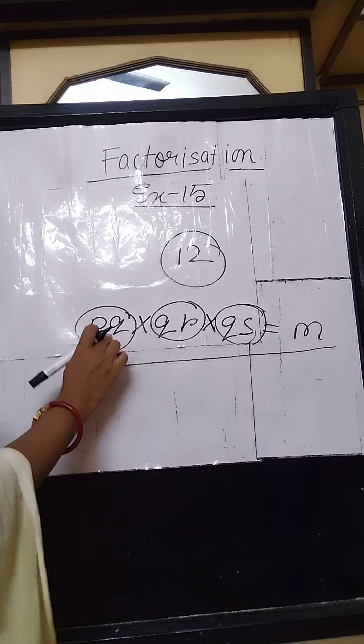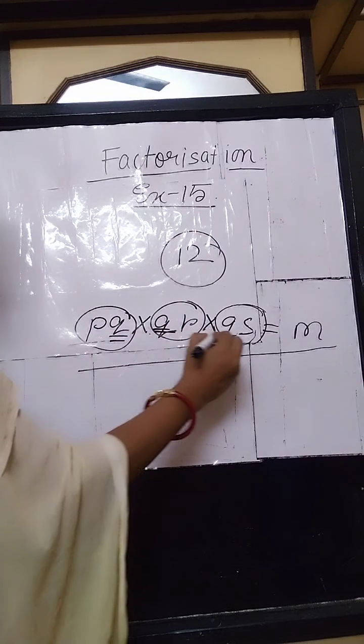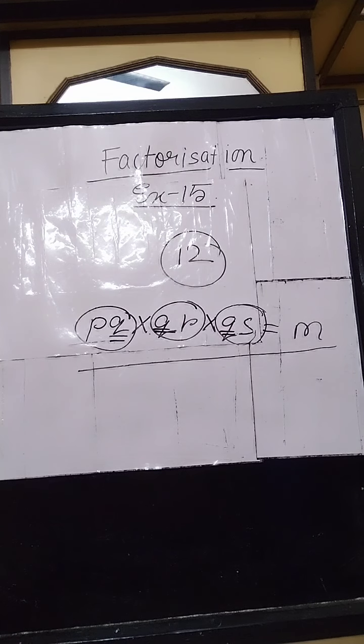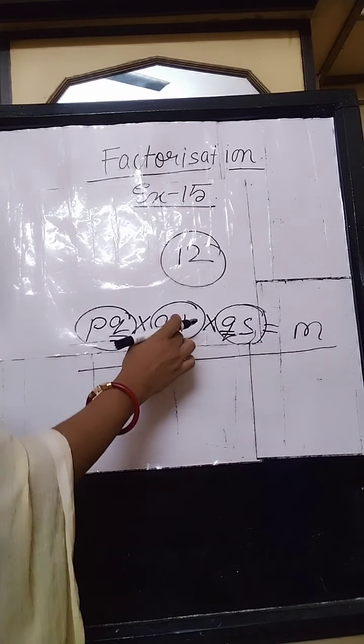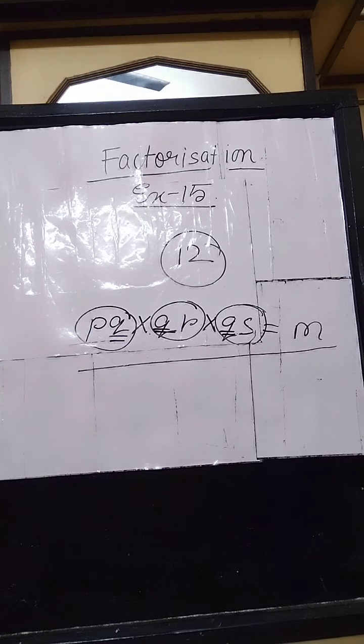Now in these individual factors we can see the presence of Q in all the factors. As we can see, PQ into QR into QS, Q is present in all the three factors.